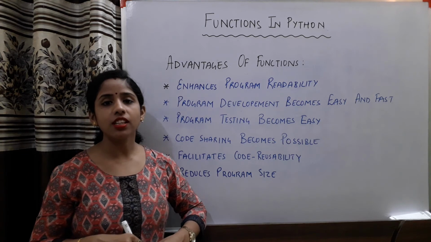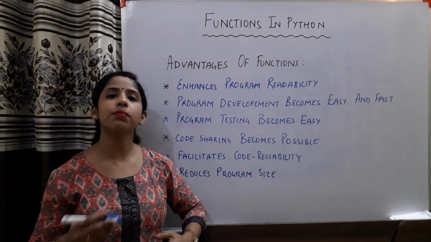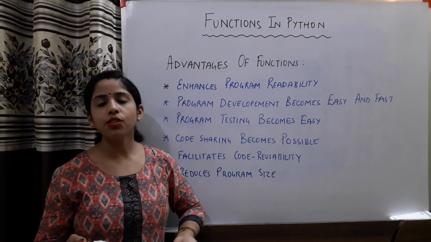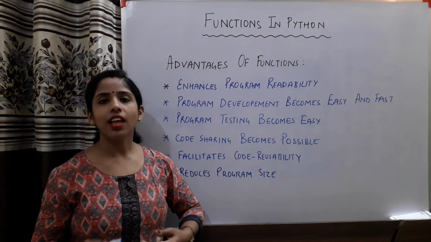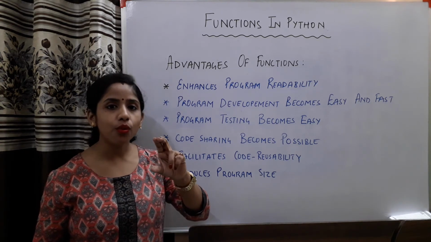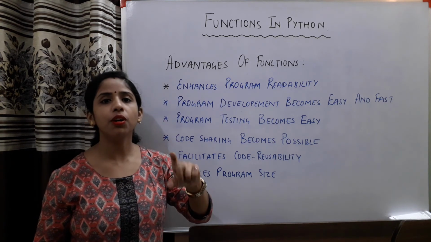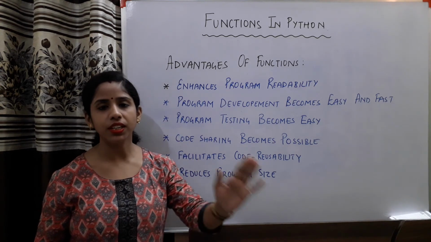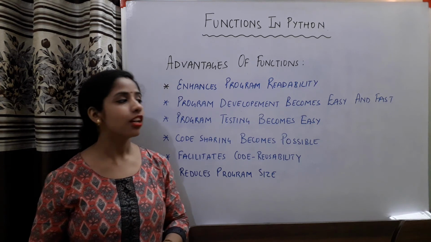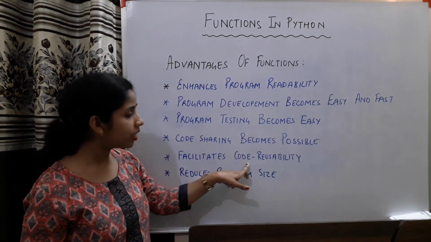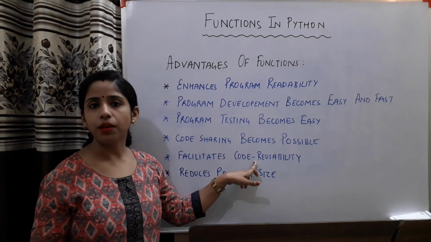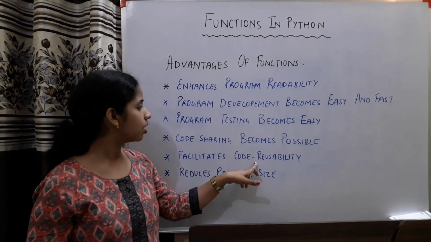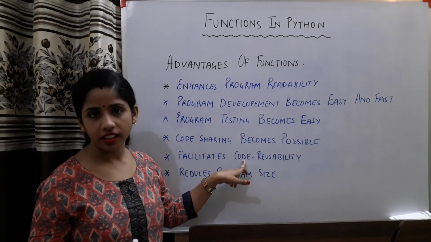But in this case, if you make a function that simply takes a number, calculates the factorial and returns you the result, you will have to write the code of finding factorial only once, and you can call it as many times as you want, right? So code reusability is provided by the use of functions without having to write it again and again.